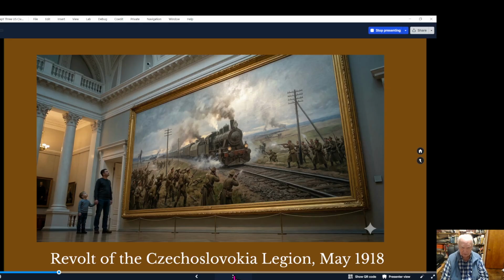Tens of thousands. I don't remember the large number, but a large, large number. And they're kind of stuck in Russia as the revolution goes on, and they want to get out and they want to gain exit rights out of Siberia.